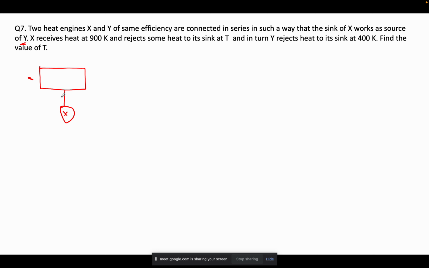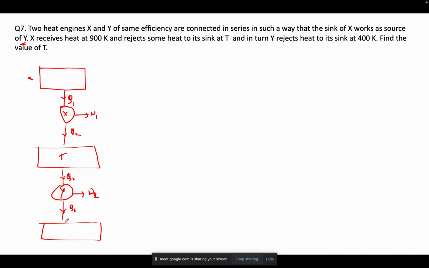Okay, it is taking some amount of heat Q1, doing some work W1, rejecting some heat Q2 to a reservoir which is at temperature T, and then this Q2 amount of heat is taken by your next heat engine Y, which also does some amount of work W2, and then it releases Q3 amount of heat to a reservoir which is at 400 Kelvin.